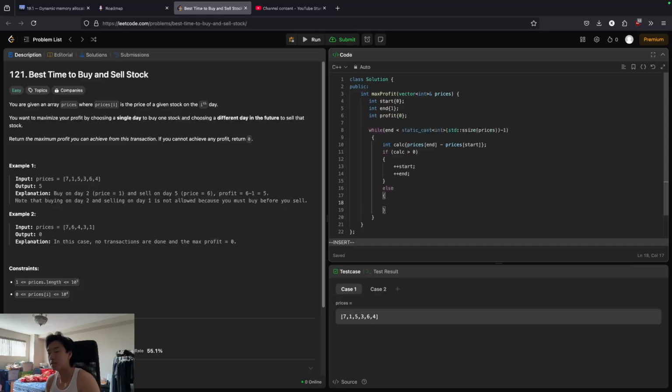And then if it's not 0, then we know we are in a substring. And because we know we're in a substring already, what we can do is profit would equal the max of our calc.